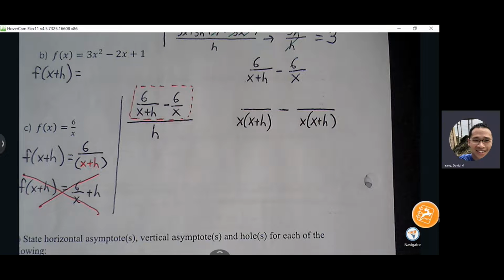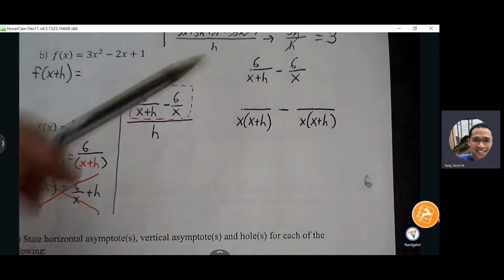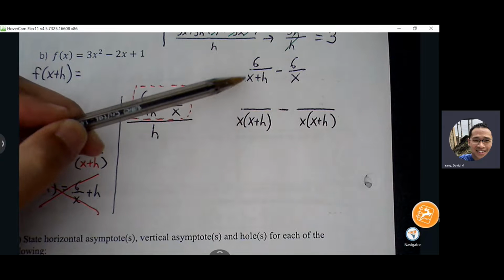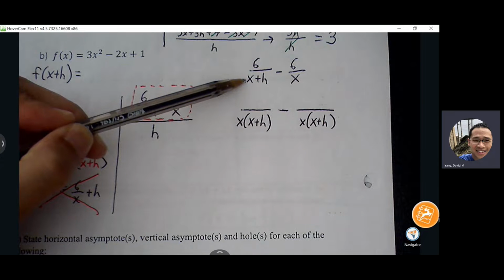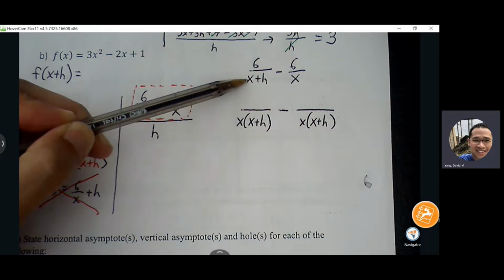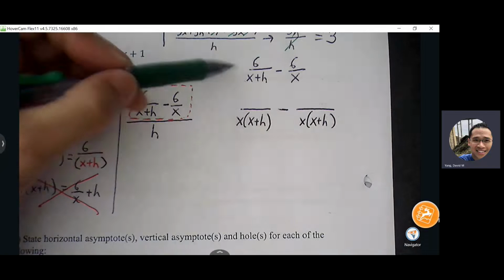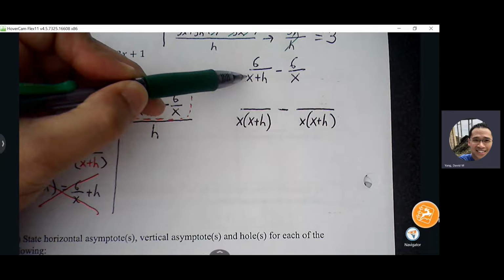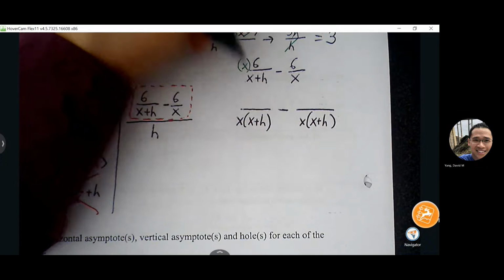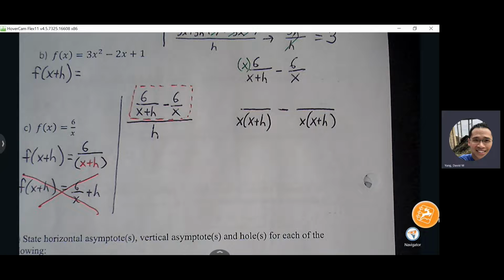We need both individual denominators to create the common denominator. And now that we have the common denominator, we have to figure out a way to balance each of the fractions, right? So we look at the first old denominator, compare with the new one. What's changed? What's been added? The x. Okay, so because an x has been added from the old to the new denominator, I also need to add an x to the numerator of my first fraction.